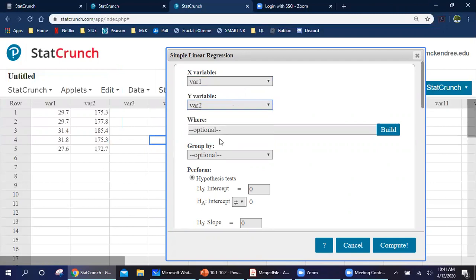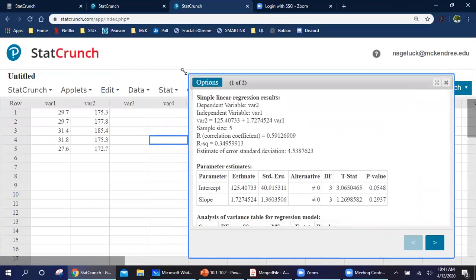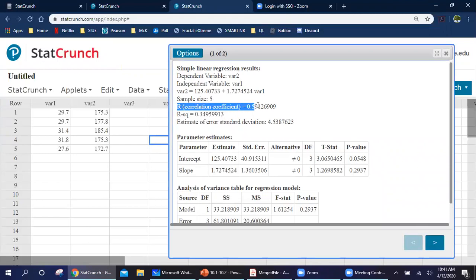That's going to be the second one. I don't have to do anything else in here. I can just hit compute. And it gives me a whole bunch of data here. But the part we care about is right here, R, correlation coefficient. So it's about 0.591, we'll say, for my correlation coefficient.